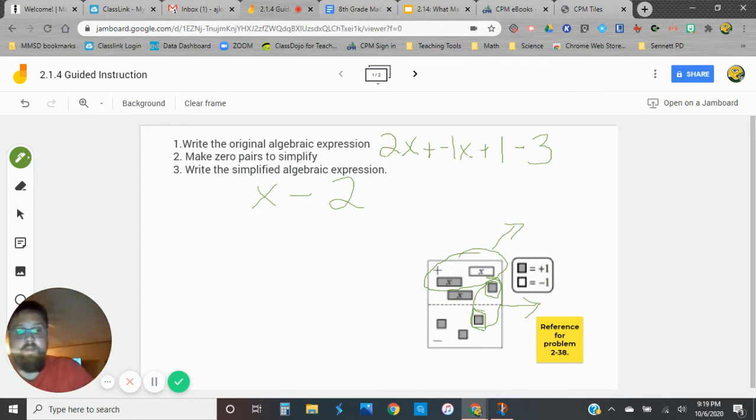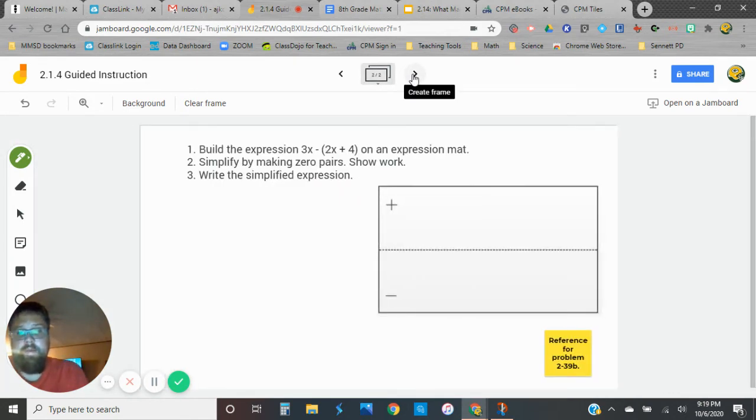Another way, so when you get to 238, I put reference this for problem 238, just like those. All right, so another way you're going to see this is you're going to actually have to build the tiles. In this case, you can draw them, remembering that shaded is positive tiles.